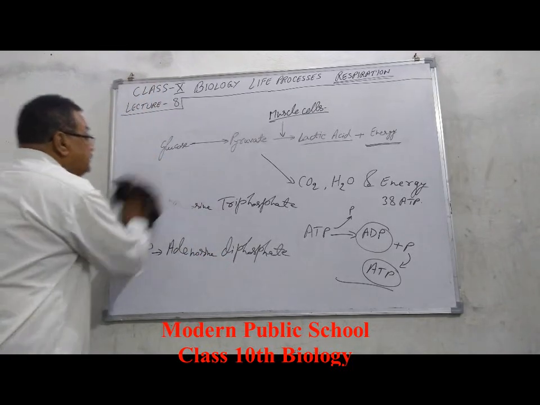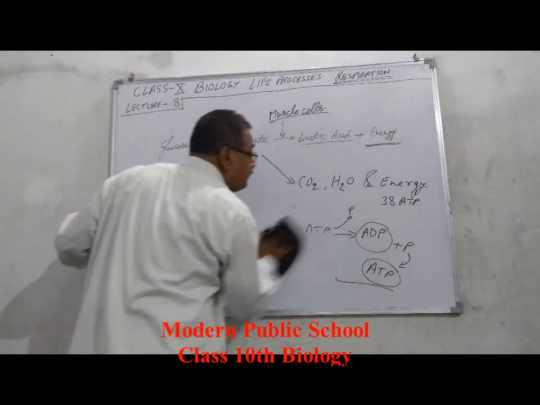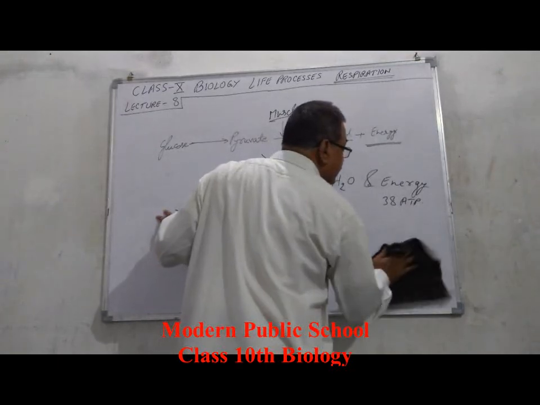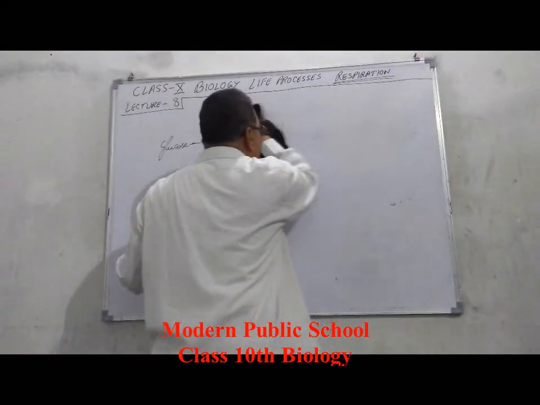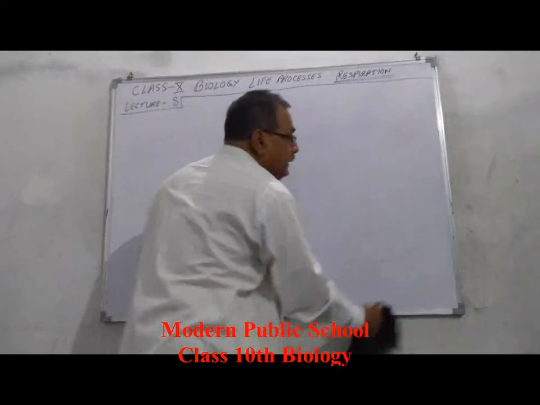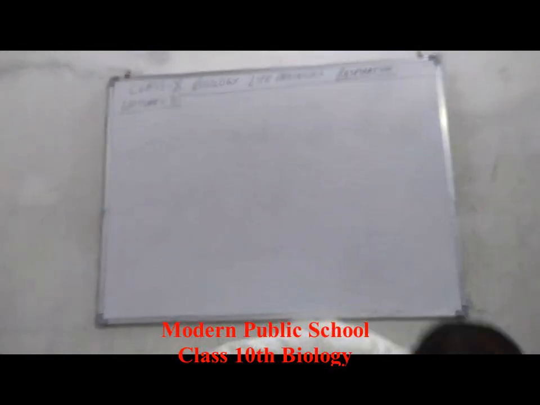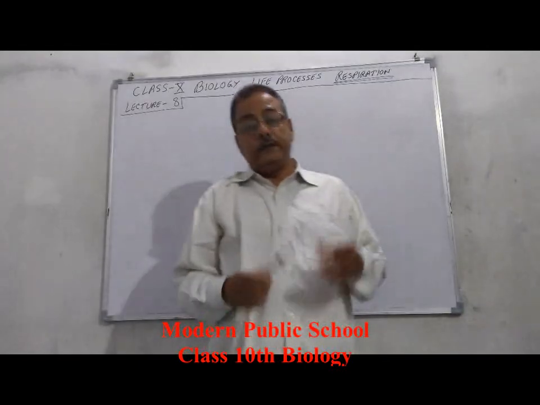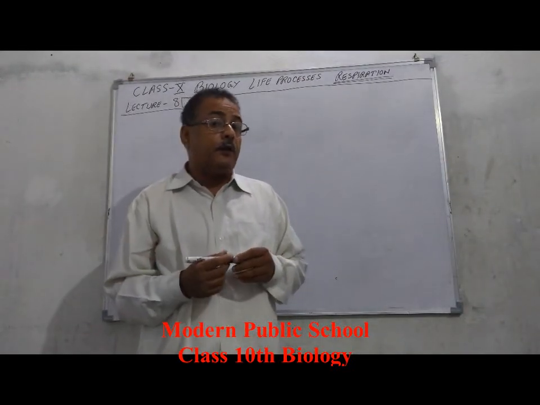There are different kinds of organisms which perform their respiration differently. For example, in plants, different organs perform respiration separately: roots separately, stem separately, and leaves also separately.